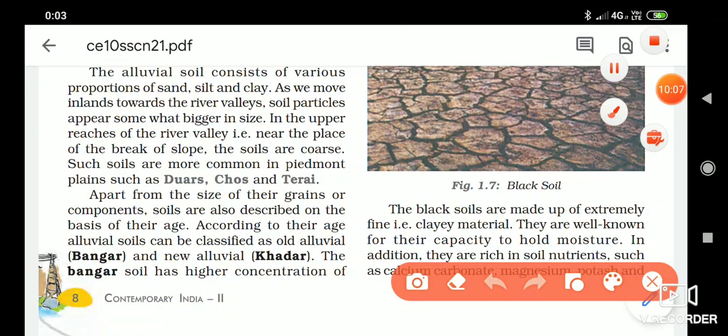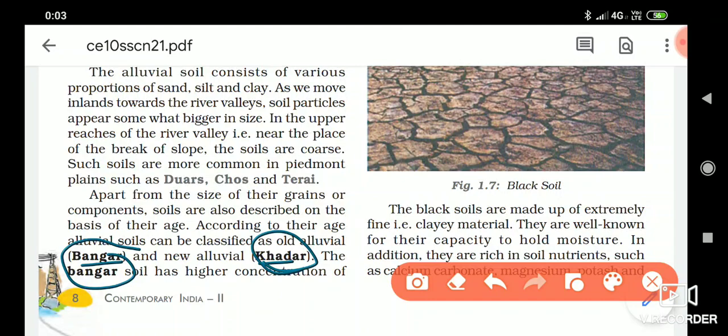Okay, so now back to the paragraph. So here some terms are coming: Bangar and Khadar. Just remember one thing, that Khadar is more fertile than the Bangar. If you get any 1 mark question that which alluvial soil is more fertile, you will put Khadar. Or if you get a question that which alluvial soil is less fertile, the answer is Bangar.